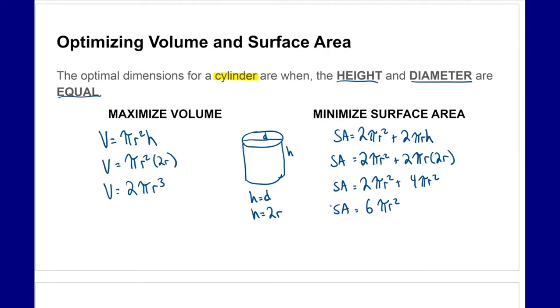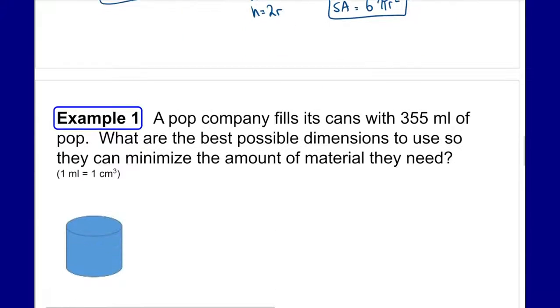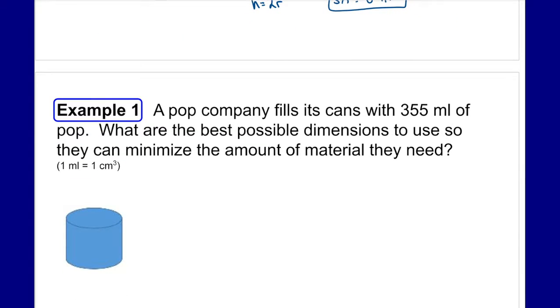So we're going to use these final simplified formulas in a similar way as we did in the previous example, because again, we're trying to solve for what the dimensions would be given a certain amount of either material or space. So, for example, a pop company fills its cans with 355 milliliters of pop.